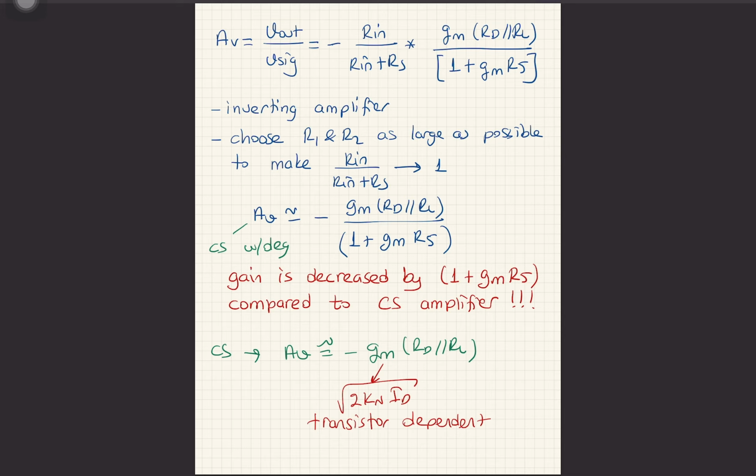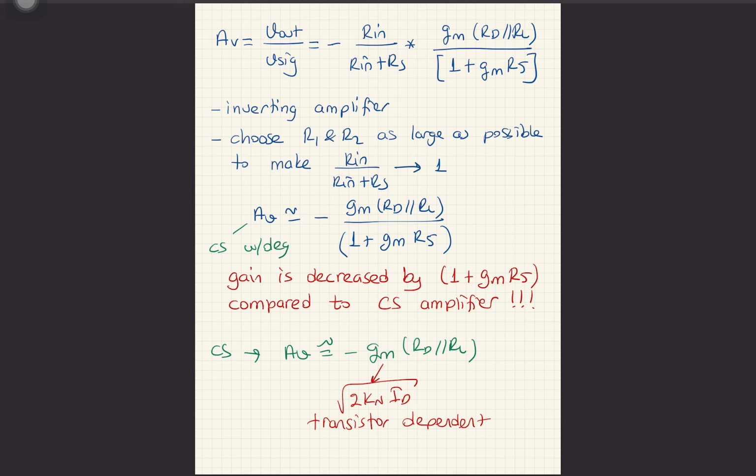Let's say that you are running an experiment in the lab, and in the lab you design your common source amplifier. You set a gain something like, let's say, 40 volt per volt. You pick up the nicest transistor available in the lab, and the circuit runs perfectly, but something happens suddenly and the transistor is burned, and you need to replace that transistor from the transistor box.